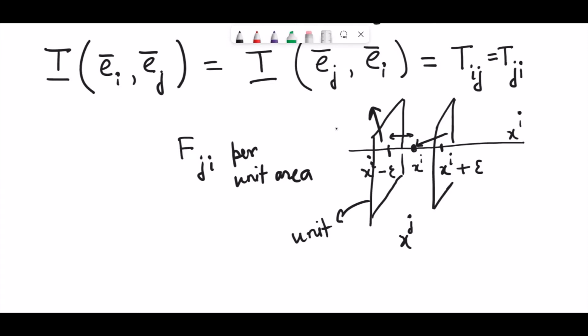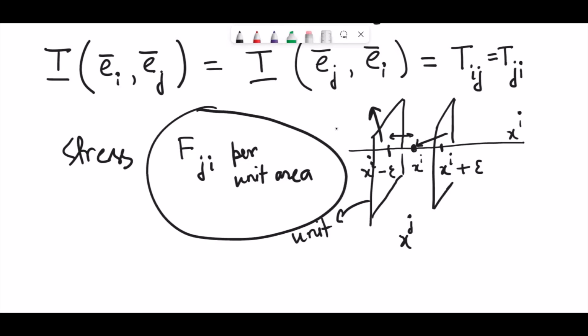Stress is indeed the force per unit area. It depends on the component you take and the surface on which it works. That is stress. So these components here tell us about the stress. So notice that we have got all the contents that we are looking for.